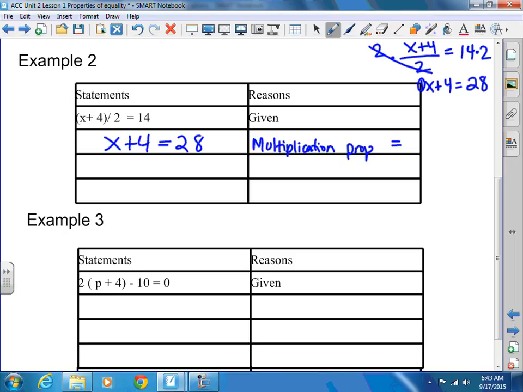Now we have x plus 4 equals 28. We just need to subtract 4 on both sides. So we're left with x equals 24. That's our next statement. And what did we do from this step going to this step? Well, we subtracted by 4 on each side, so that's the subtraction property of equality. And we're done. We've justified it.